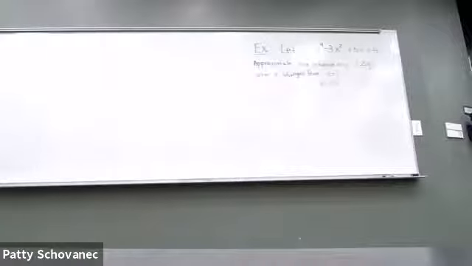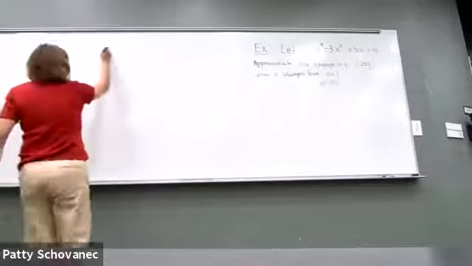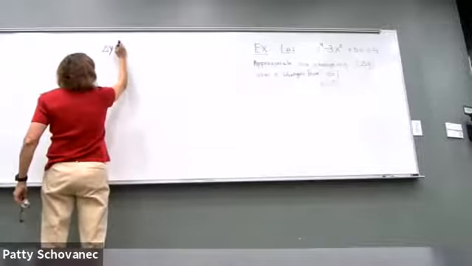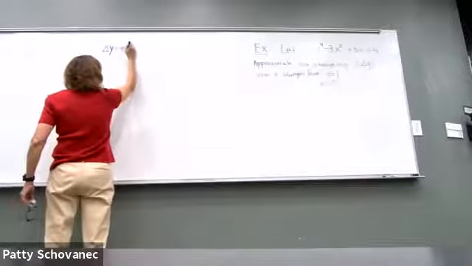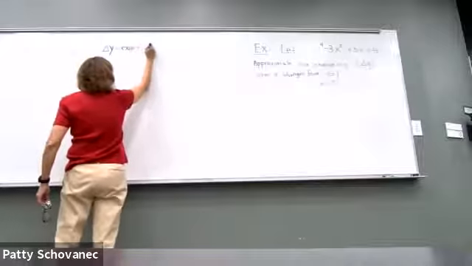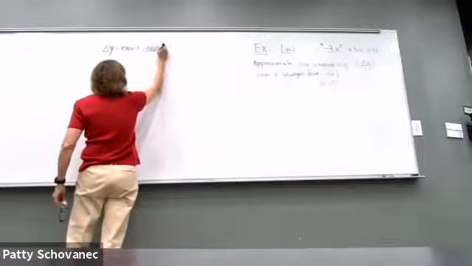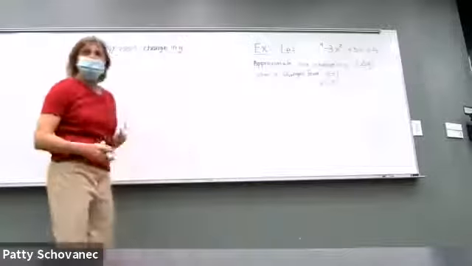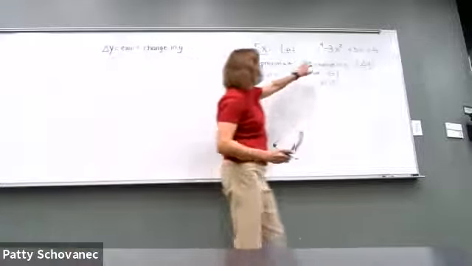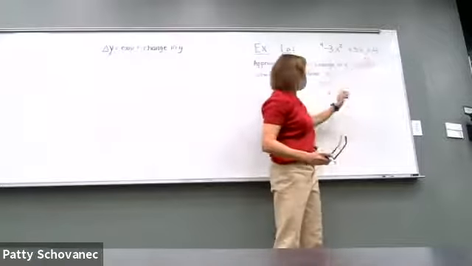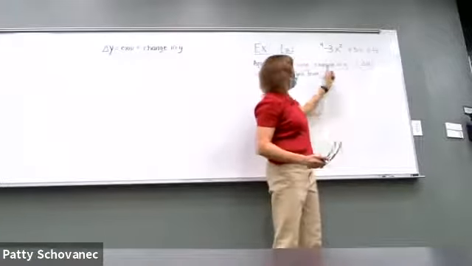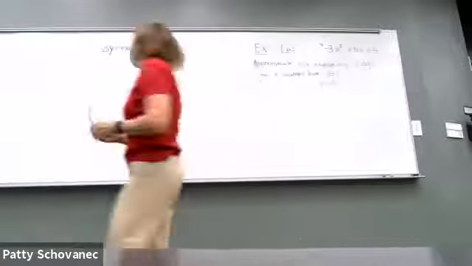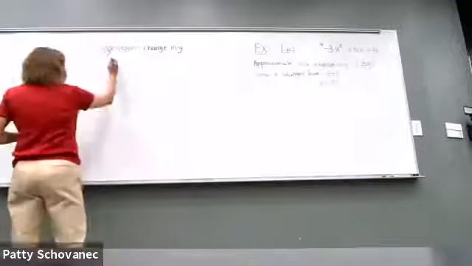So the exact change in y, delta y, is the value of this function here at the new x minus the value of that function at the original x. So look how messy that would be to compute.